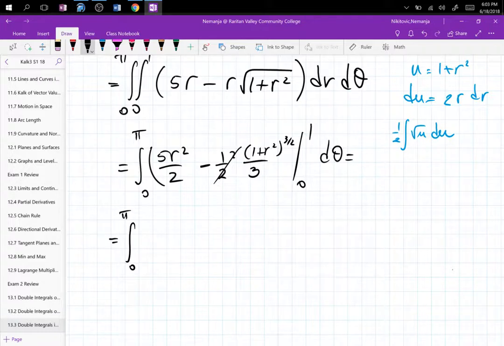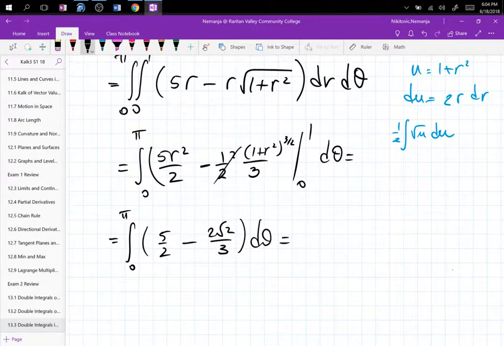Integral 0 to pi, 5r squared over 2. Oh no, I need to plug numbers in now. Plug in 1, we get 5/2. Plug in 1, we get 2 to the 3/2. That's 2 root 2 over 3. And 0, everything dies. So this is 5/2 minus 2 root 2 over 3 times pi. Now you can go get the decimals if you're interested.